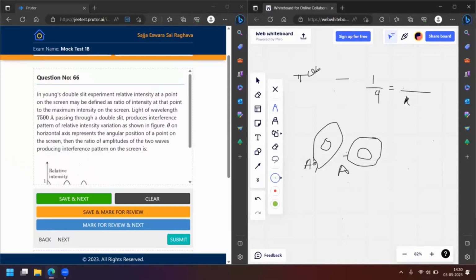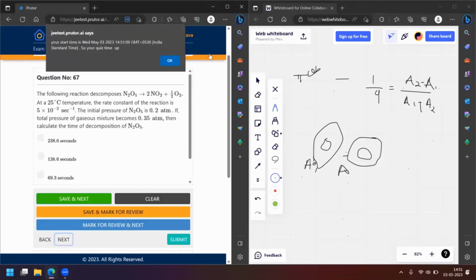When both are combined, we get the maximum intensity; when one is more and one is less, we get the minimum. After finding the amplitude ratios, we can solve further. We have found the amplitude ratios only, so after solving this we will get the answer.